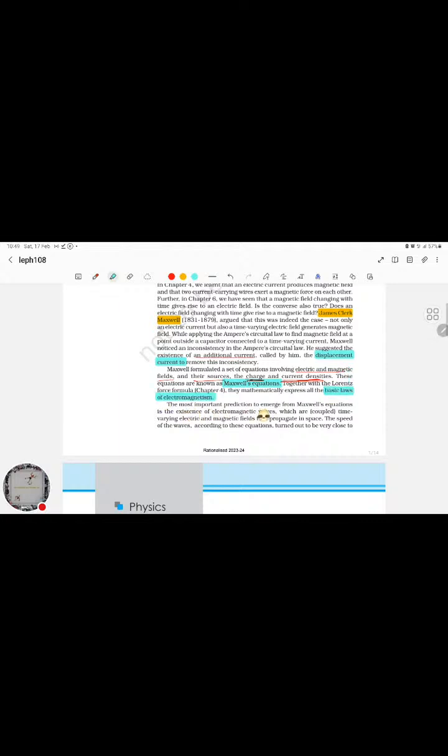So the most important prediction to emerge from Maxwell's equations is the existence of electromagnetic waves, which are coupled time varying electric and magnetic fields that propagate in space. That is, from the conclusion that a current which is varying with time is also producing a magnetic field, what we finally learn is the existence of electromagnetic waves.